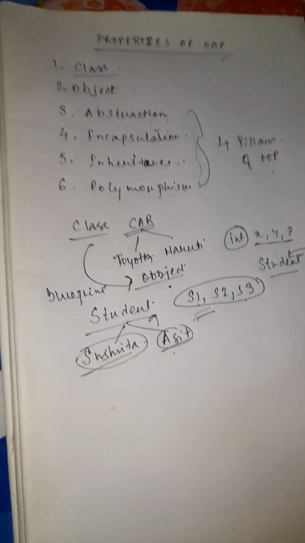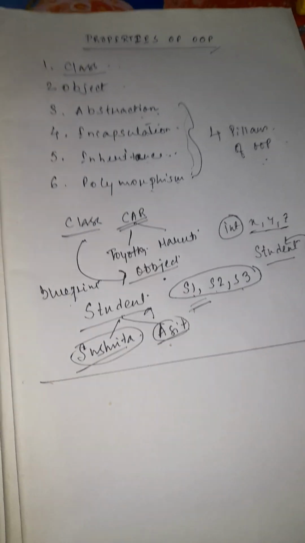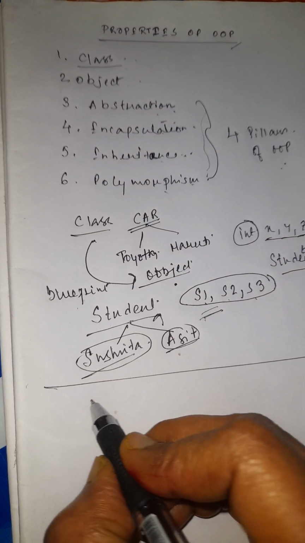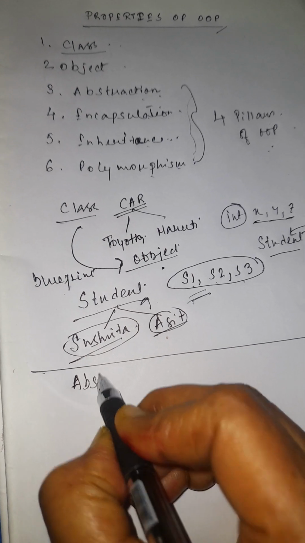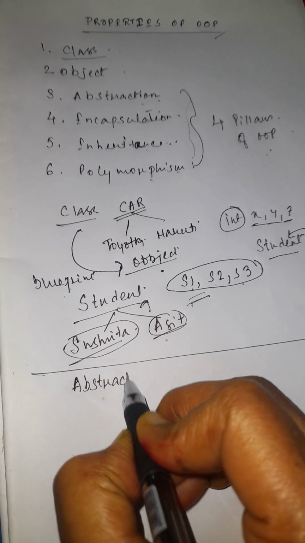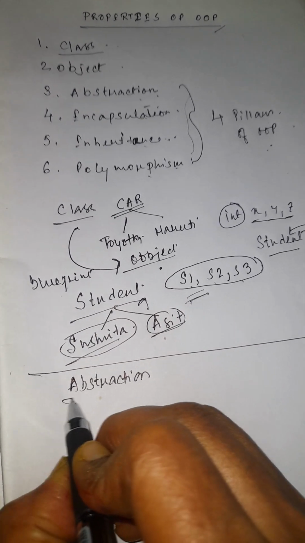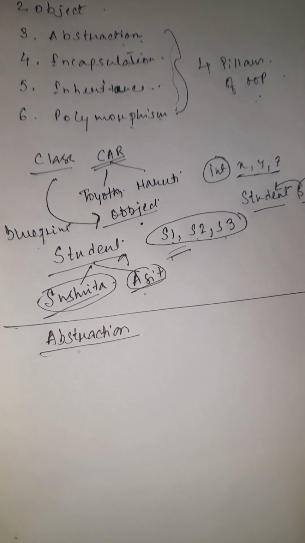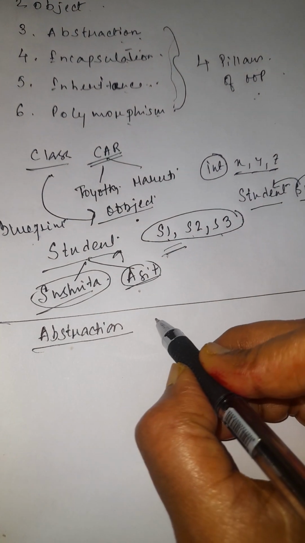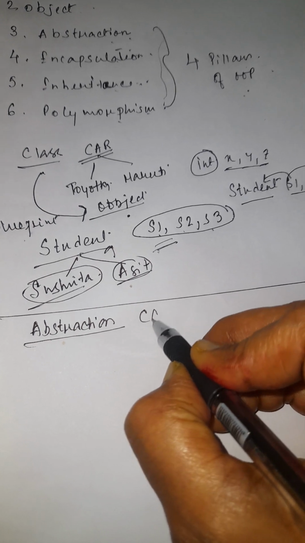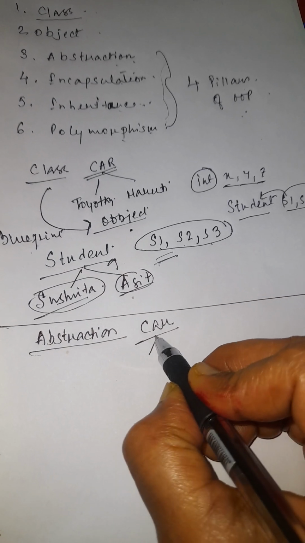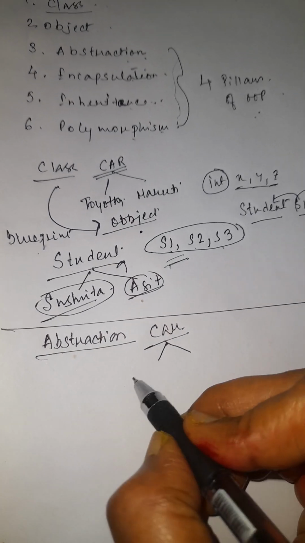Okay. Next part. There are four main parts. First one is abstraction. What is abstraction? Abstraction is the mechanism where there is no need to know how something is implemented. Like maybe you have one car and you want to drive it. You only have to know the properties of this car.